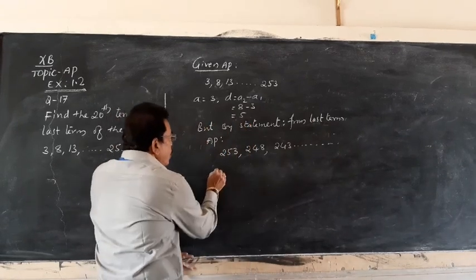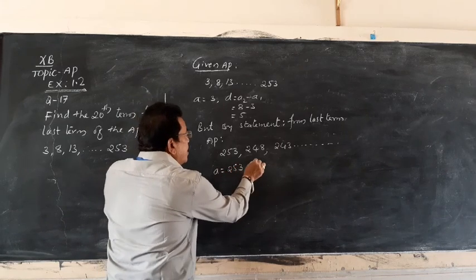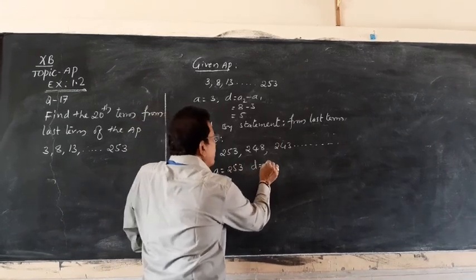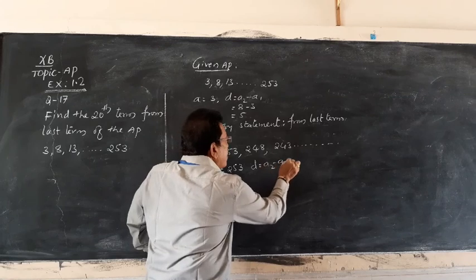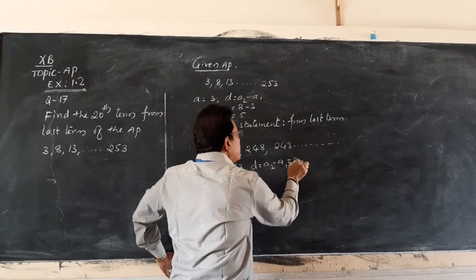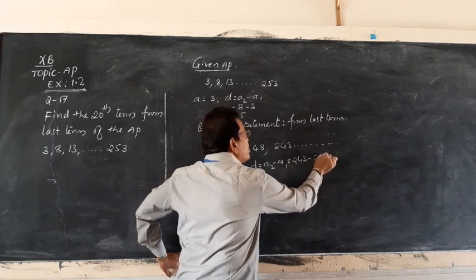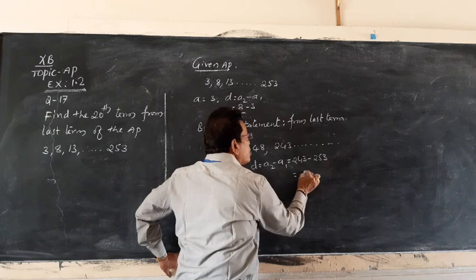Okay, A is the first term, that is 253. D as usual is A2 minus A1, that is 243 minus 253, which is equal to minus 5.